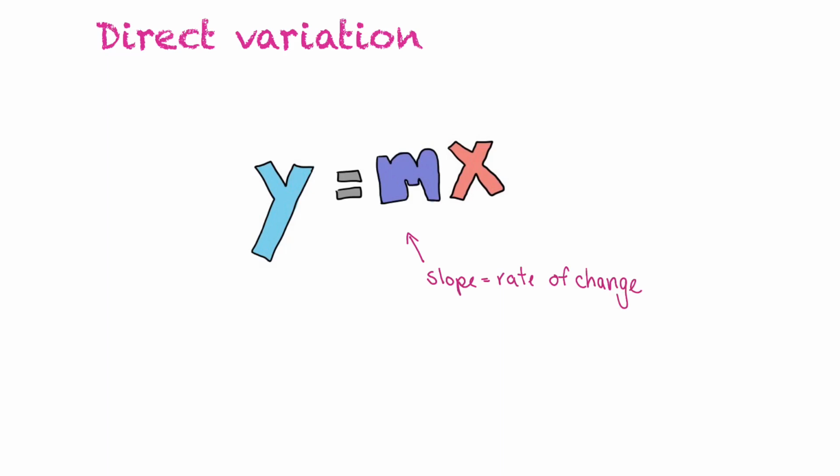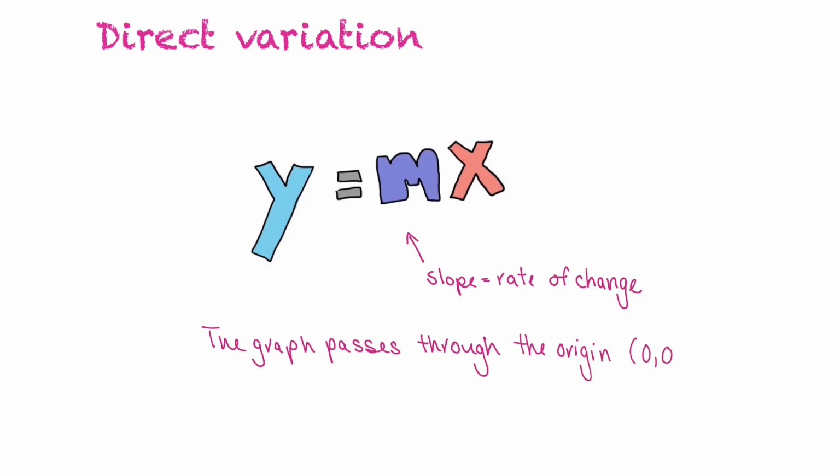And the other thing that we have to note with direct variation is that the graph passes through the origin, which is also known as 0, 0. So there's two key parts to direct variation. The graph has to go through the origin, and it has to go up by the same rate.